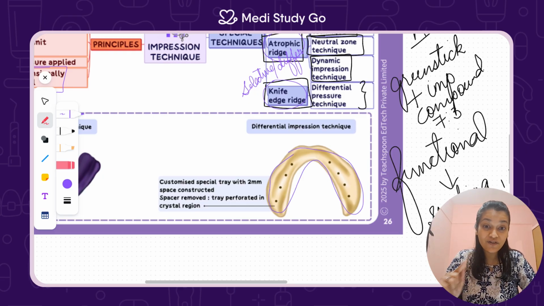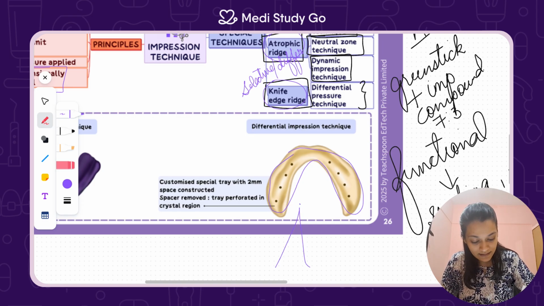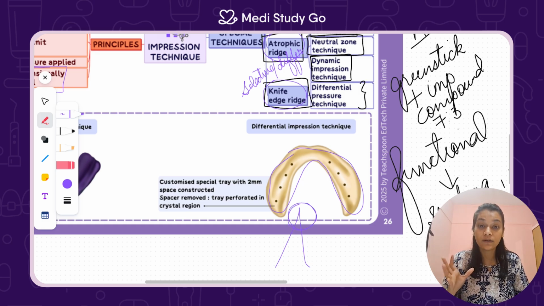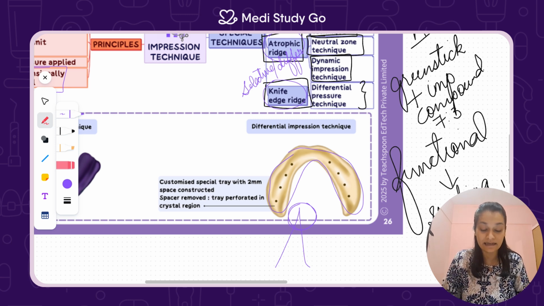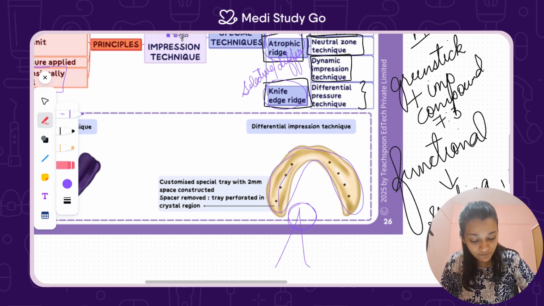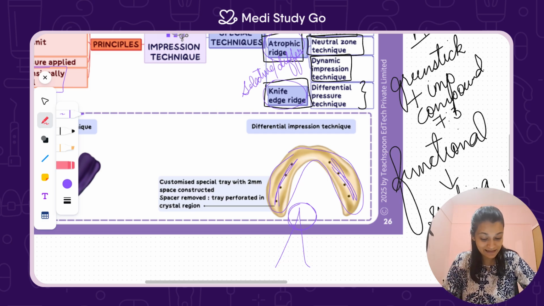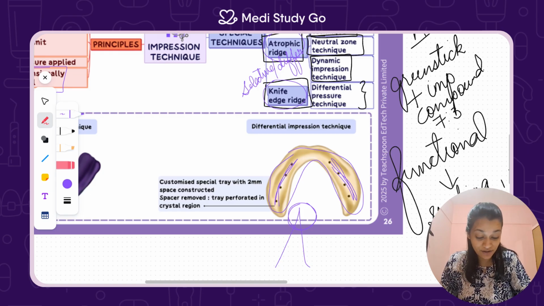The holes are placed on the crest of the ridge so that they are not under pressure. The knife edge ridge will always have a crest that bears lots of force. Force upon area: area reduces, pressure increases. In order to relieve, we place perforations at the crest and make the special tray with 2 mm of spacer.